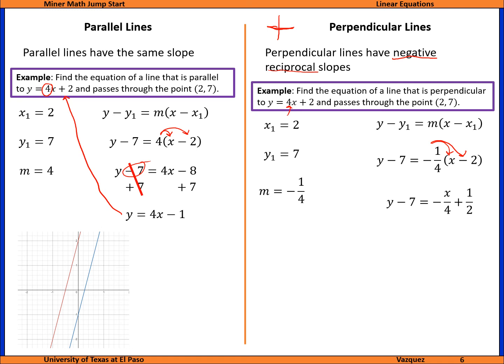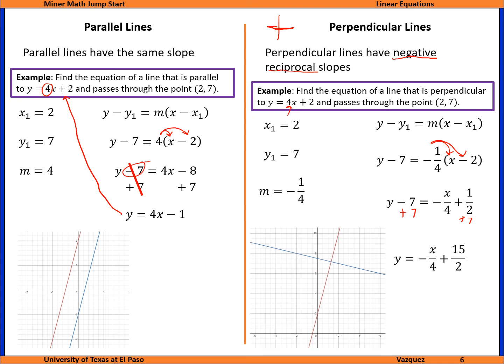Oh, sorry, positive 1/2. And our last step here, just like in the last one, we're just going to add 7 to both sides. So plus 7, plus 7. 1/2 plus 7 will give us 15/2. So our perpendicular line will be y equals negative x over 4 plus 15/2.